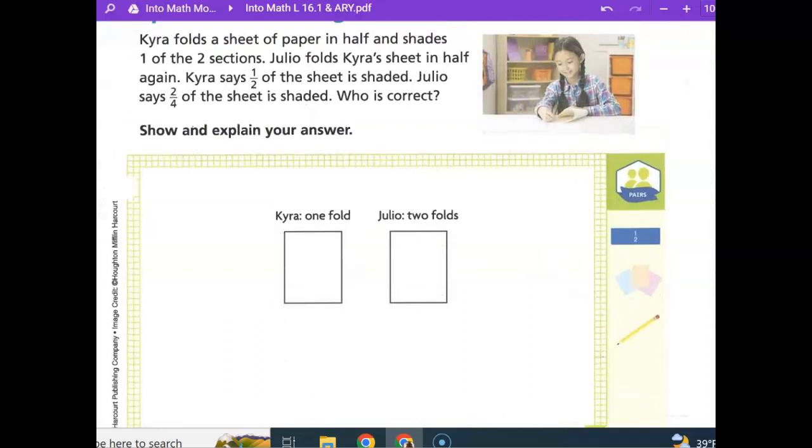Let's cut Kyrie's paper in half. Now you could cut it in half the hot dog way or the hamburger way. And we're going to shade half of Kyrie's paper. Then, Julio's going to fold it in half here.